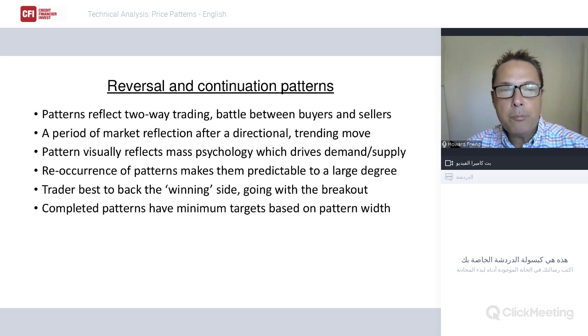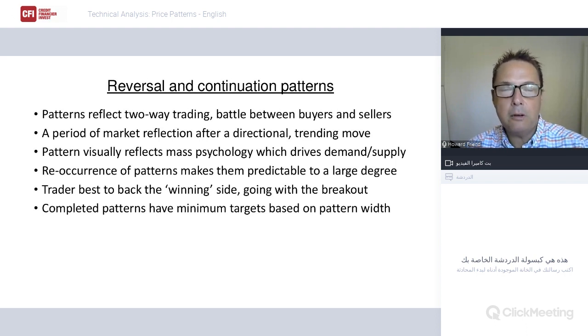So as I say, the price pattern reflects two-way trading, a battle between the buyers and the sellers. So when there's a trend move, it seems pretty obvious who is winning the battle. But eventually a move will run out of steam, people take profits, some people go counter trend, and you get this kind of two-way choppy action, which most of the time, because trends tend to persist rather than reverse, tend to be continuation patterns.